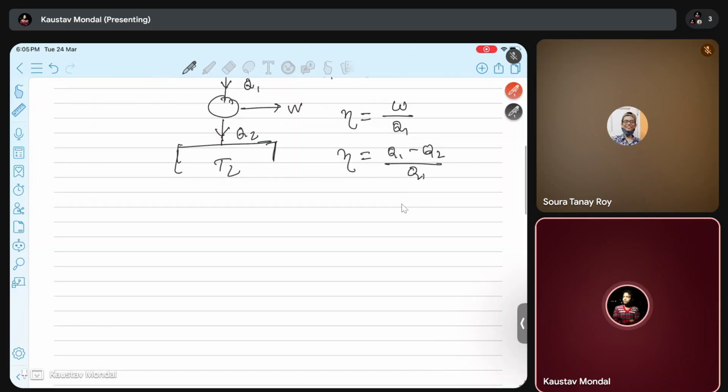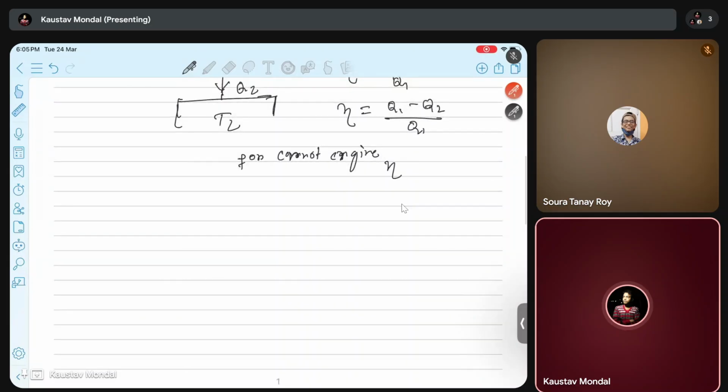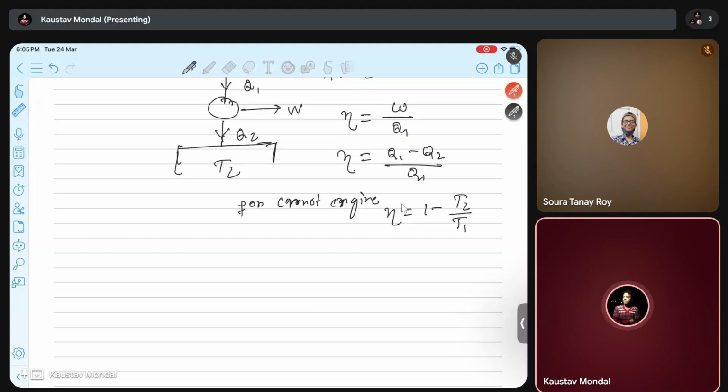Now for the case of an ideal heat engine, that means the Carnot engine, you can write the formula like this: eta equal to 1 minus T2 by T1. Okay. That is for the ideal case.